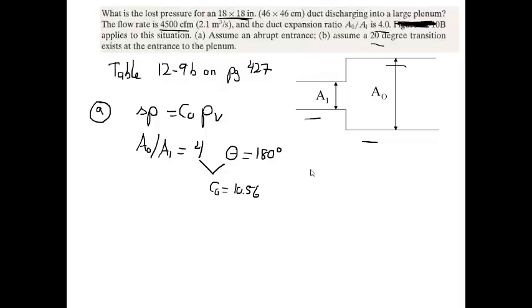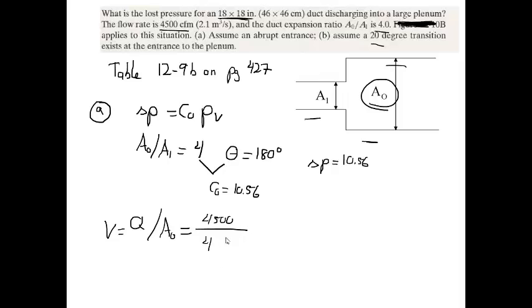Take a second to make sure you can find that. Therefore, your total pressure should be the coefficient multiplied by the velocity divided by 4,005 squared. What's the velocity? Velocity would just be flow divided by area. Again, we're looking at the area we're going into. So in that case, it would be 4,500 CFM over the area, again, in square feet.